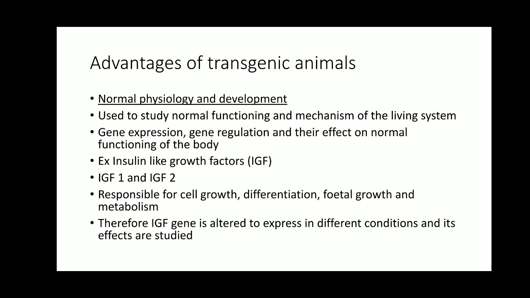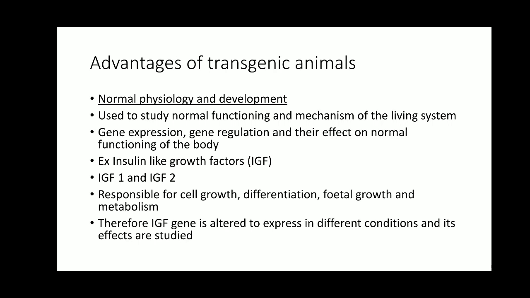One such example for normal physiology and development is studying the growth factors. Here transgenic mice are used as a transgenic animal to study the effect of growth factors on the growth of an organism, by introducing certain study-specific genes that lead to the formation of these factors.